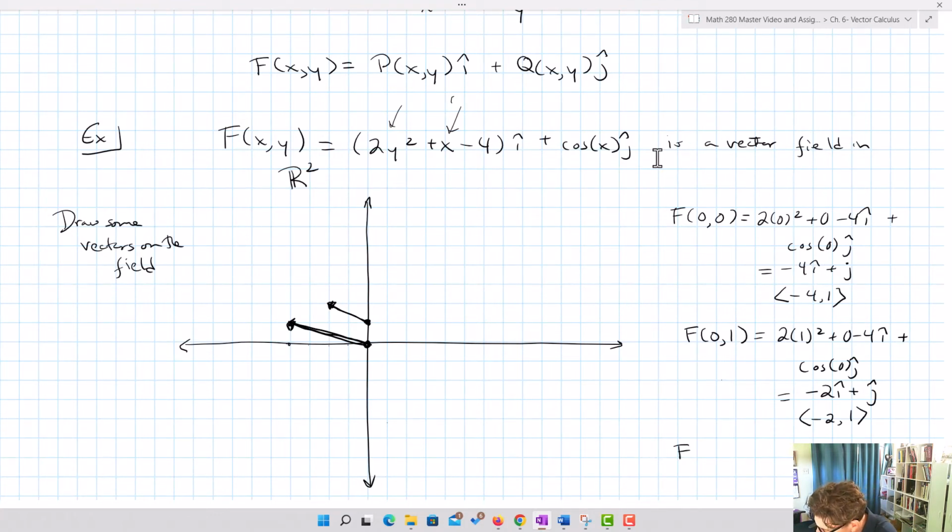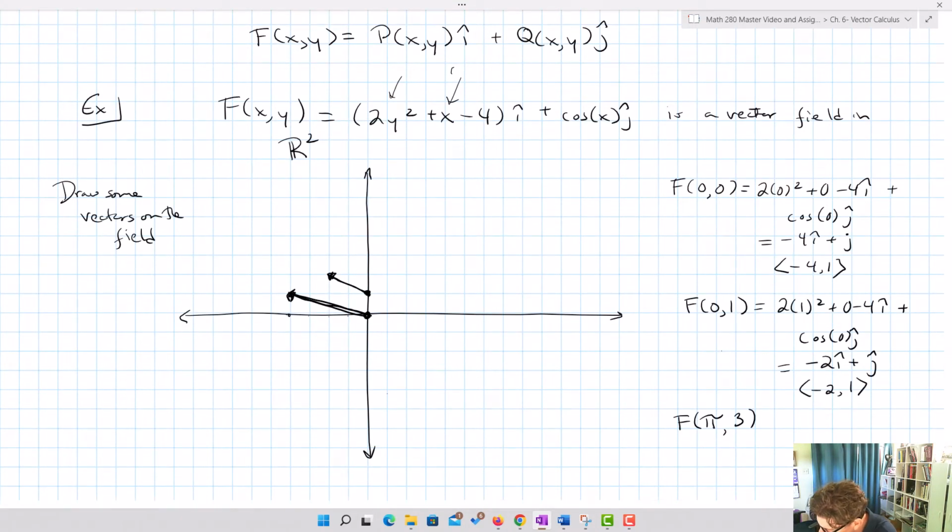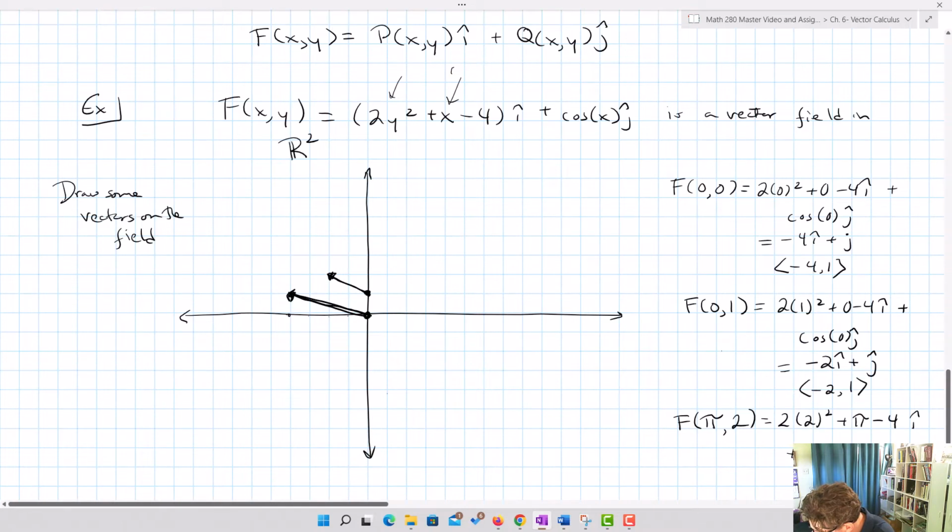Let's say, for example, we take something different. Let's do f of pi, 2. So f of pi, 2 is going to equal 2 times 2 squared plus pi minus 4 i, plus cosine of pi j.